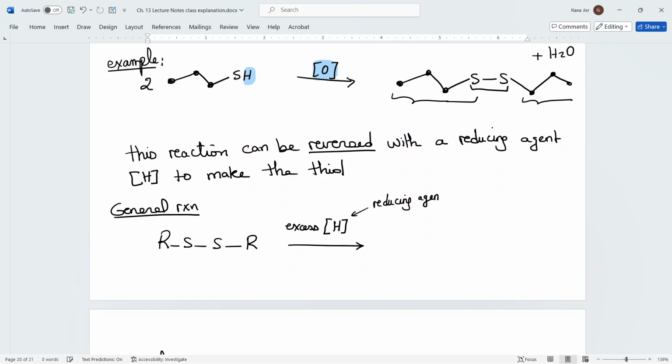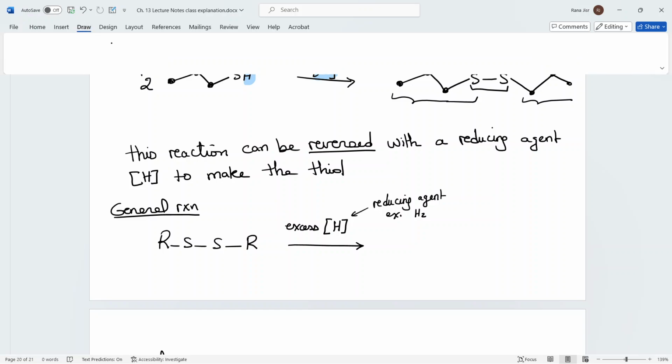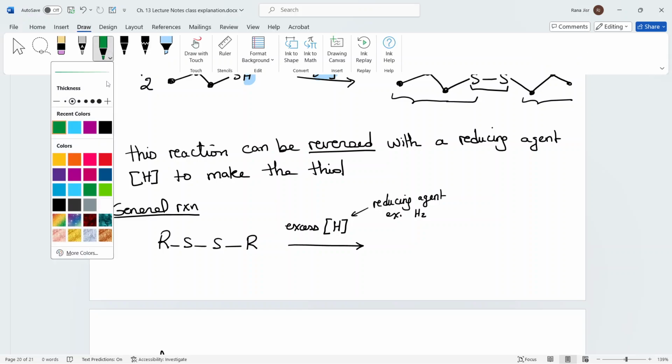An example of a reducing agent is hydrogen. So for example, I can use excess hydrogen. What does a reducing agent do? A reducing agent simply adds hydrogens. Like an oxidizing agent takes hydrogens, the reducing agent adds hydrogens.